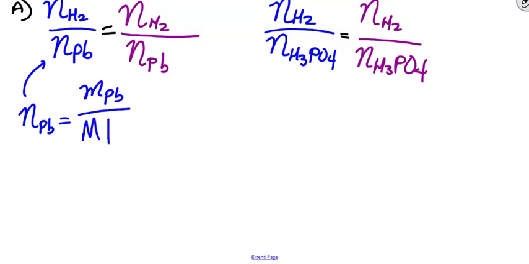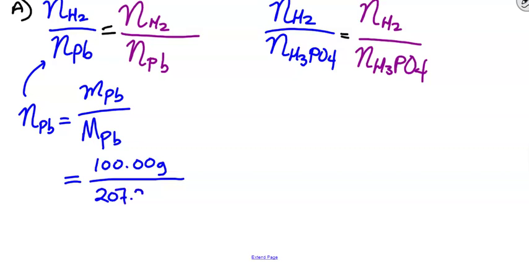The number of moles of lead equals the mass of lead divided by the molar mass of lead. Now, some of you made the mistake of using the mass from the chart above. That's a mistake, right? So we have 100 grams of lead over here, and the molar mass is 207.2 grams per mole.